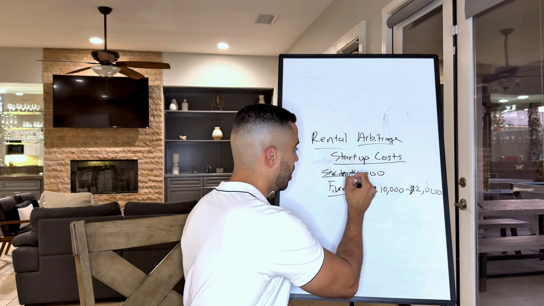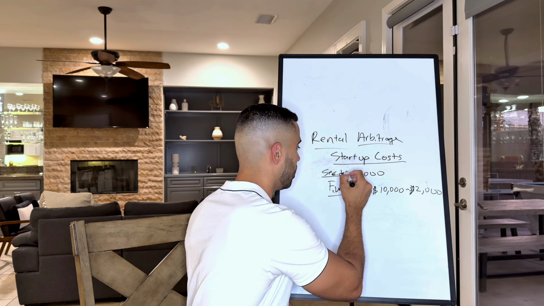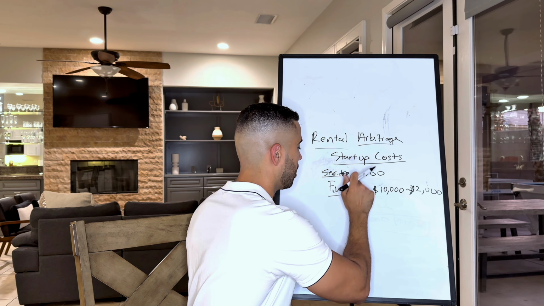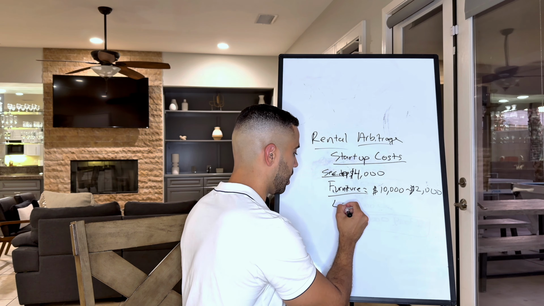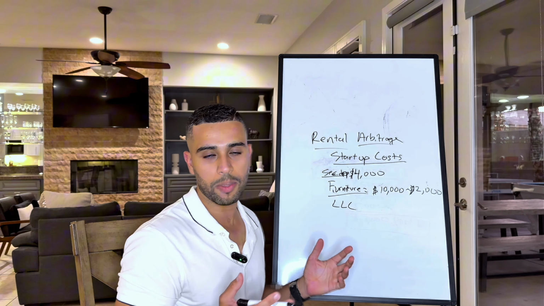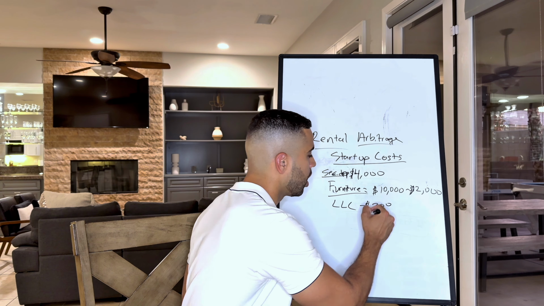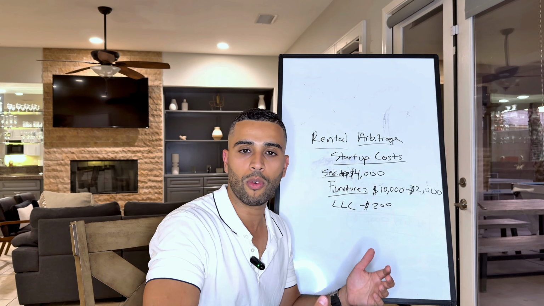So your furniture, security deposit, and your LLC, which, by the way, is going to apply to any business that you start. But you're looking at about a couple $100s. You can use services like LegalZoom, or we'll just do the work for you on setting that up.